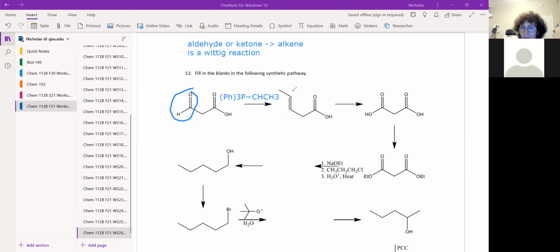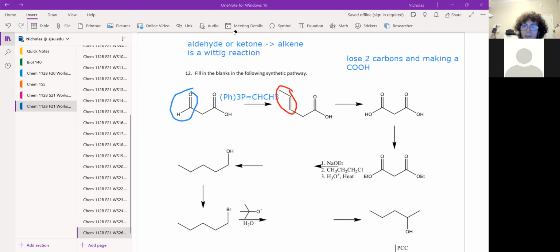Now we want to go from this alkene to a carboxylic acid, and we're losing 2 carbons in the process. We're losing the carbons at the top. So, losing carbons and making a carboxylic acid, we have to use KMnO4 to cleave it, with H3O+.